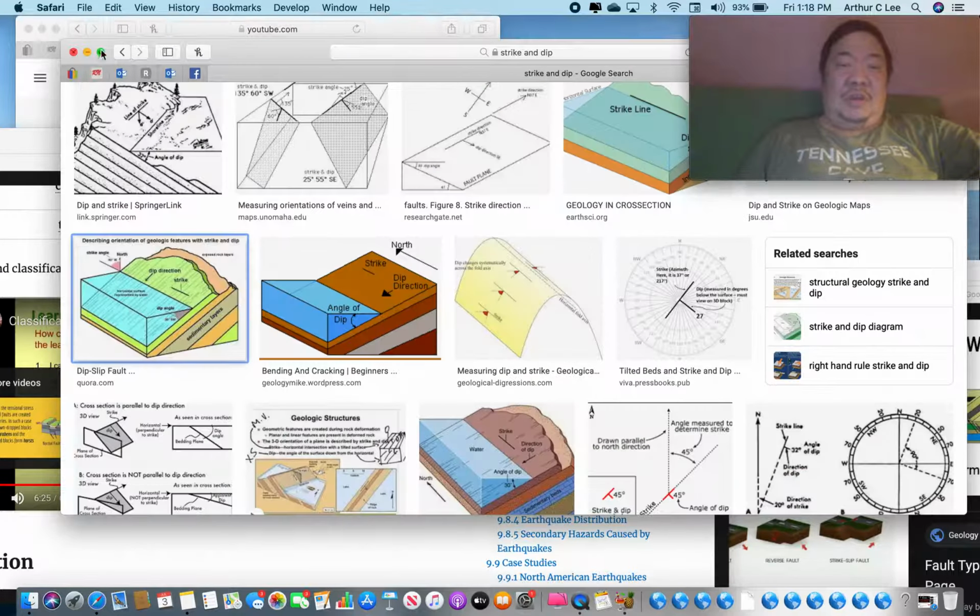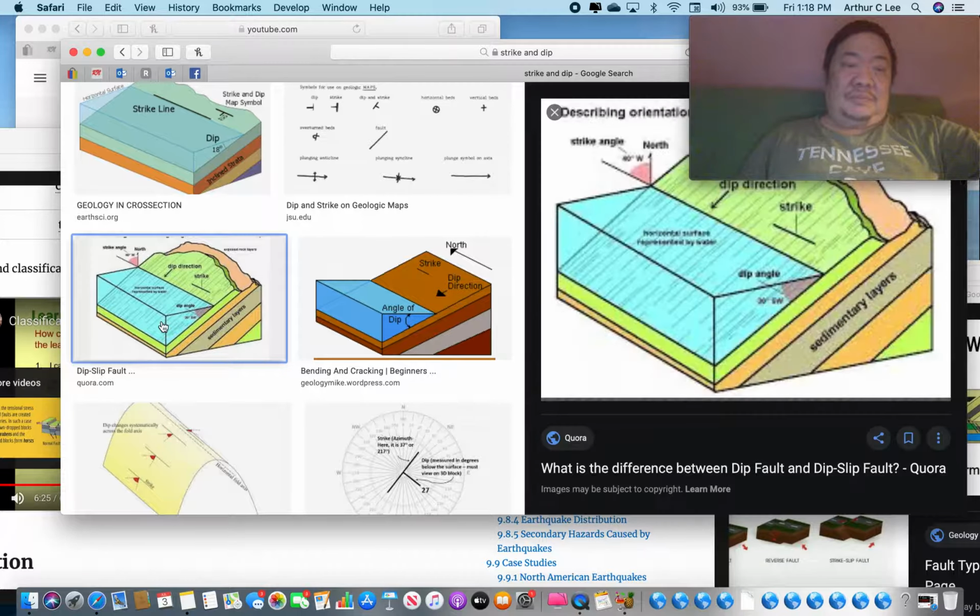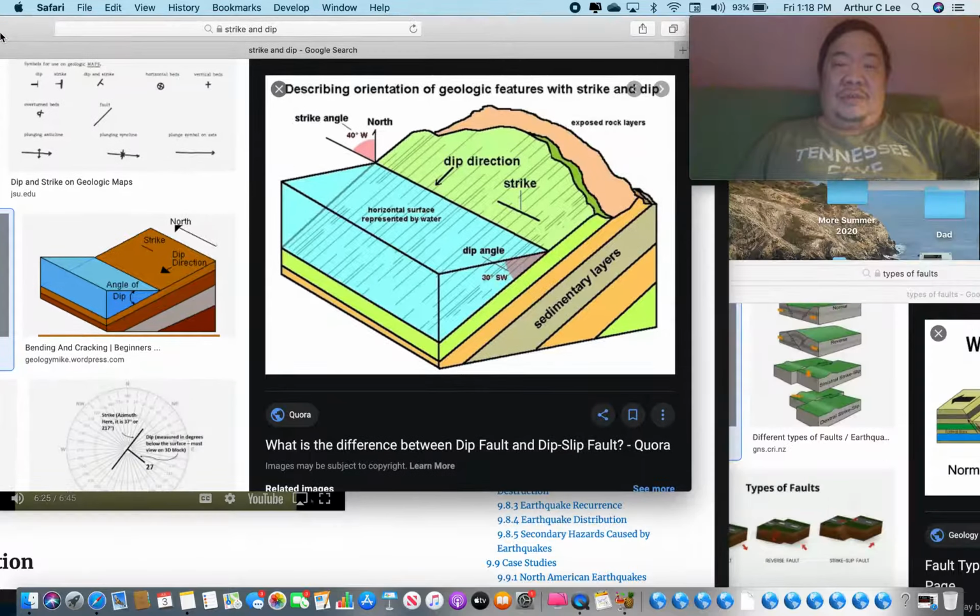Let's try and start off by doing it here. Here you have a stack of sedimentary beds, 1, 2, 3, 4, and 5. These kinds of diagrams are called block diagrams, and we're going to be working with them in your next lab. So understanding this is essential to doing your next lab.